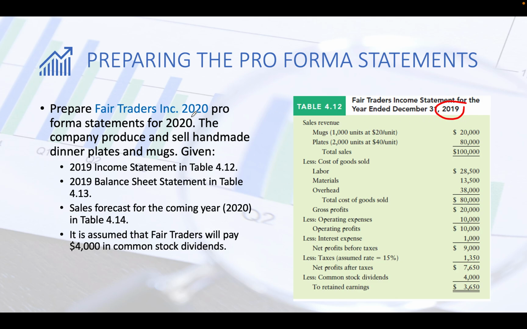What they want you to do is the pro forma for 2020. Okay, so it's given the income statement and balance sheet, and then the sales forecast for 2020, and then it is assumed that Fair Traders will pay 4,000 in dividend.